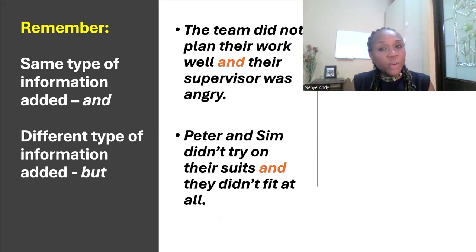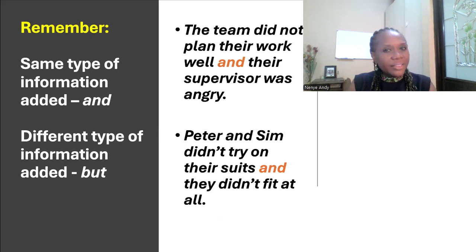Because the information you added is the same type as the one that you already have. Peter and Sim didn't try on their suits, negative information. And the suits didn't fit them, negative, is to be expected. So because it's expected and it's the same type of information, and will work.